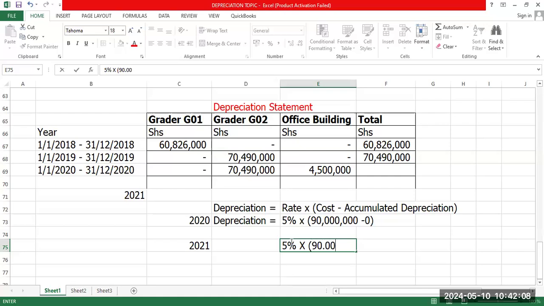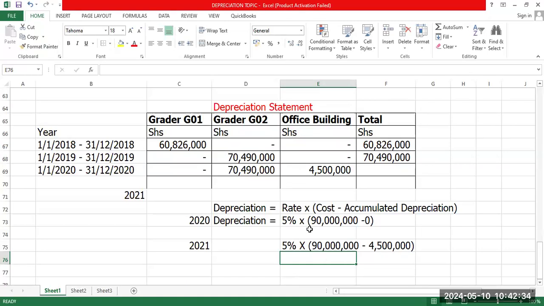You maintain the original cost, 90 million, minus, now what is total accumulated depreciation? Minus 4.5. 0 plus this plus this. So you say minus this, 4.5. That would be the depreciation for 2021.